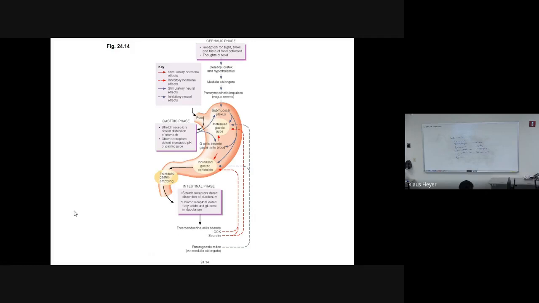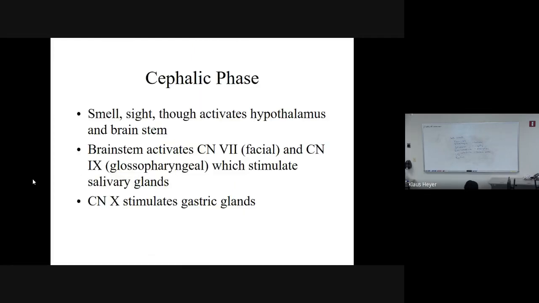Your brain's making stuff happen. Okay, so there are 3 phases to digestion, and the first is the cephalic phase, cephalic meaning brain. So something to do with your brain. We've actually talked about this one already.